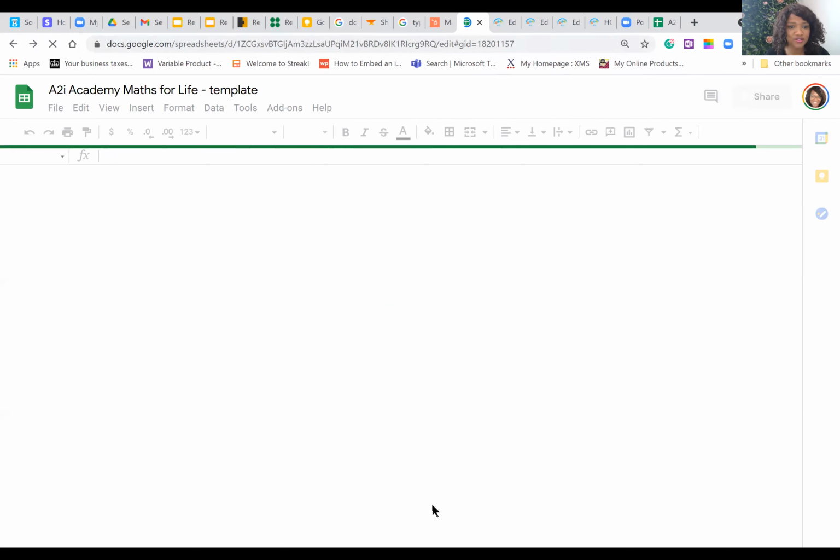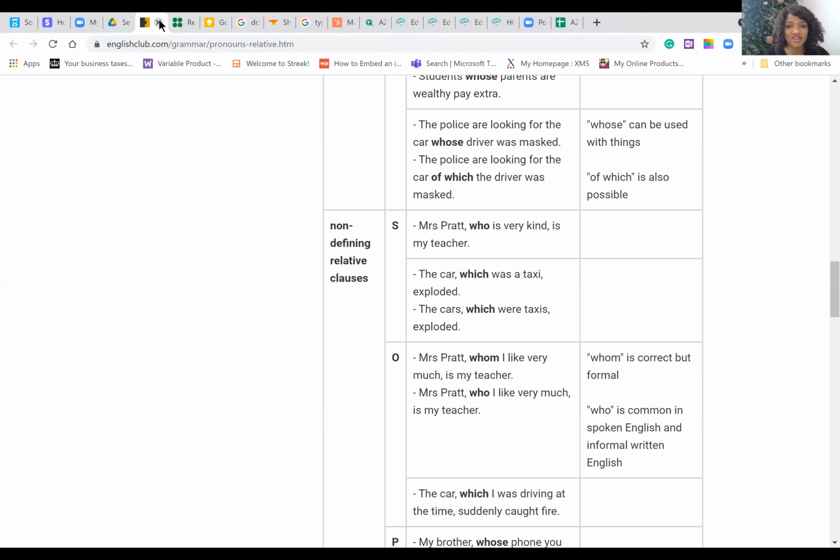Let me close all these tabs that I have in the background. Yeah, it was that. Too many tabs. A bit slower than usual. Yeah, you can see it now.